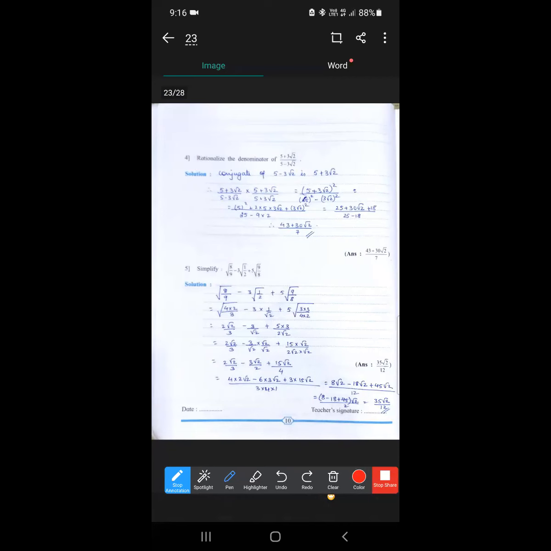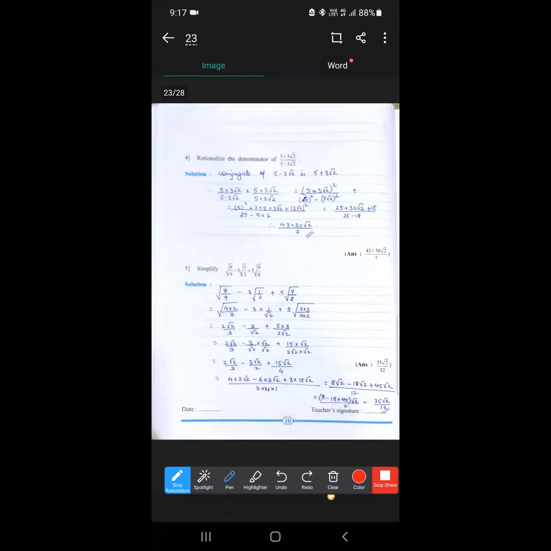In primary section you must have done the cross multiplication and made the denominators the same, so this is also a type of that. The question is: 5 plus 3 root 2 upon 5 minus 3 root 2. Rationalize the denominator. It can be a binomial or it can be a monomial.